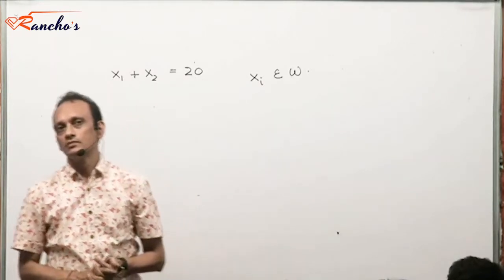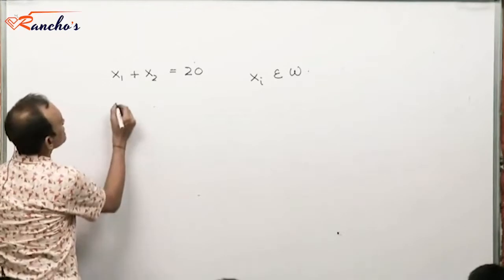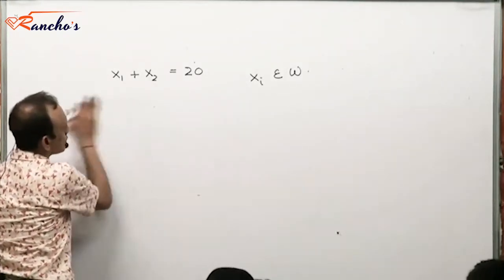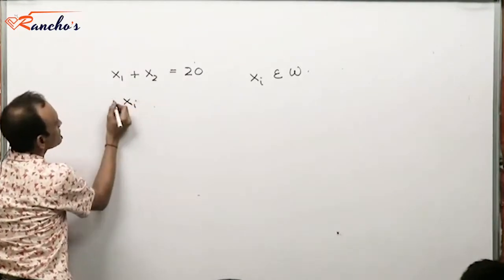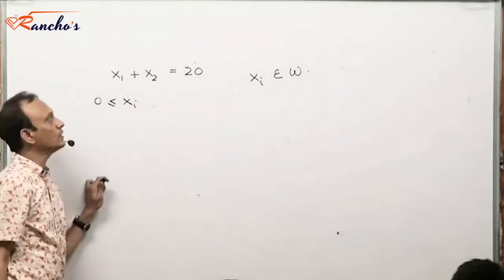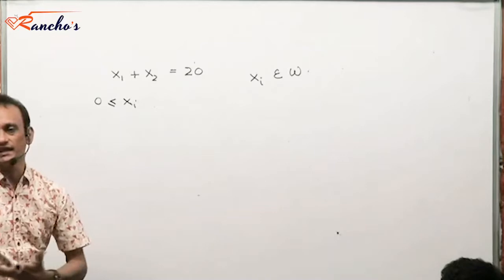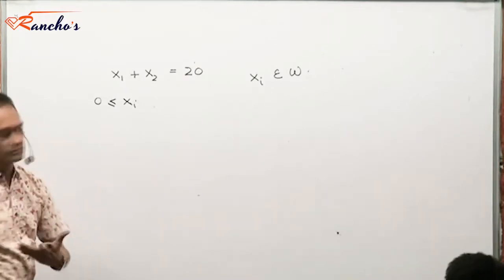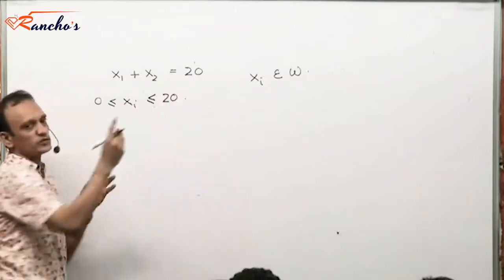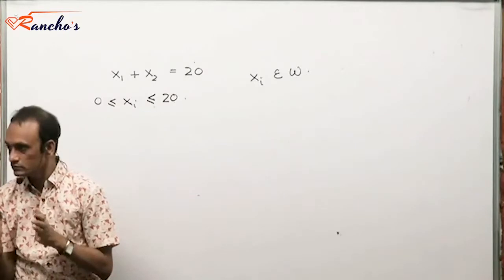So essentially, in this case, an xi is a whole number, so it could start with 0, and obviously cannot exceed 20, right? So each of these xi's will lie between 0 and 20. They can assume values like 0, 1, 2, 3 up to 20, right?